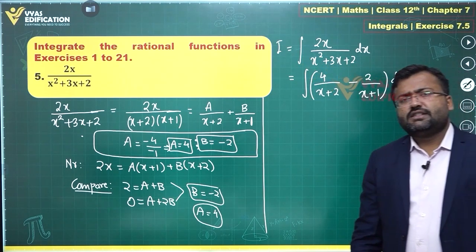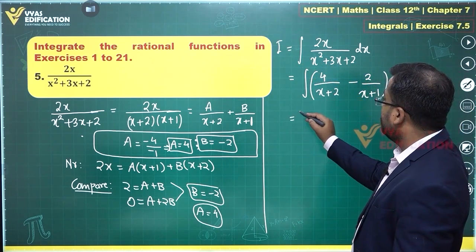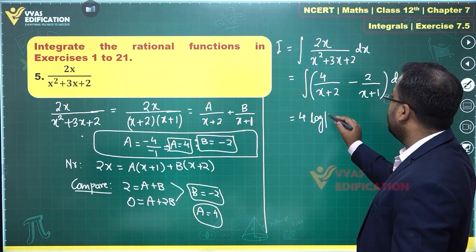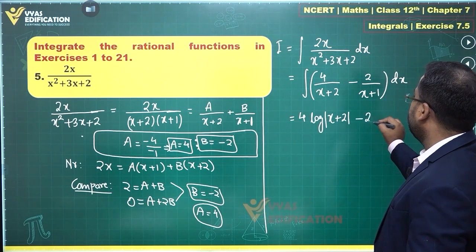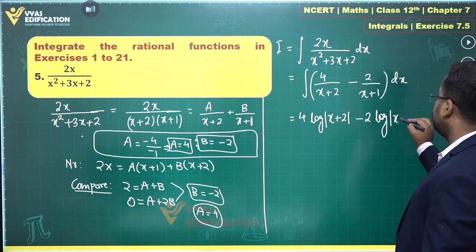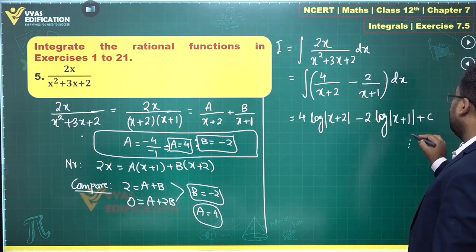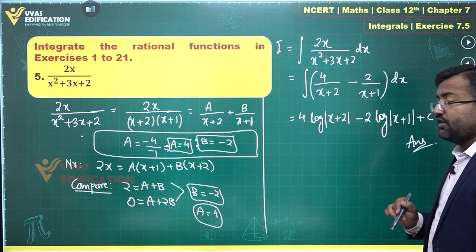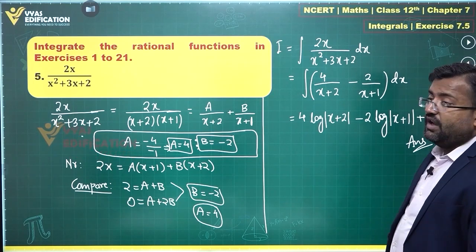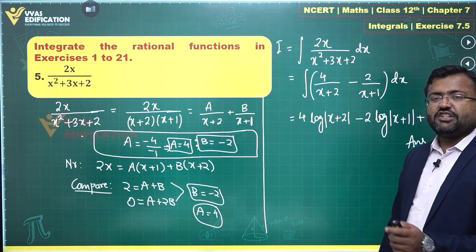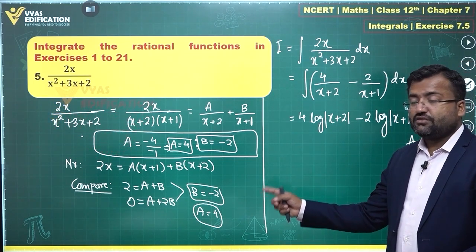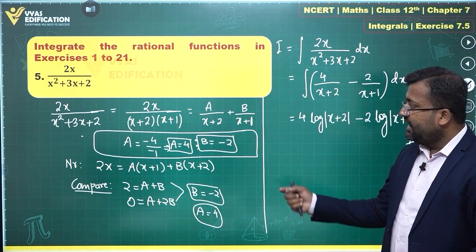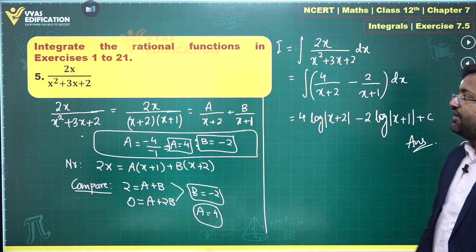So integration of this is 4 times log modulus x plus 2 minus 2 times log modulus x plus 1 plus constant. That's my answer for this particular question. As you can see in this fifth question, that's a complete solution. First finding the partial fractions, obviously before that we have factorized, and then integration. That is all that you have in this question.